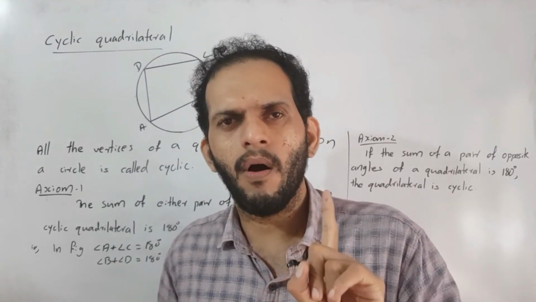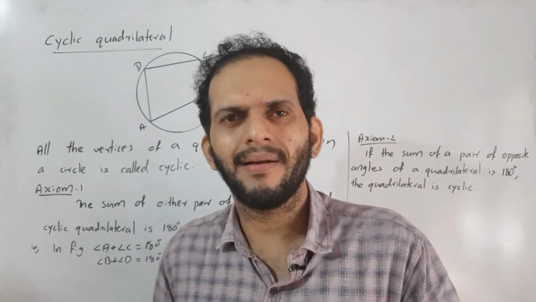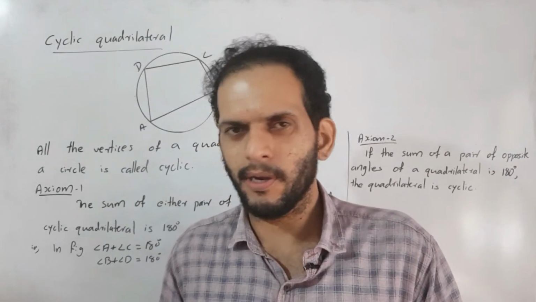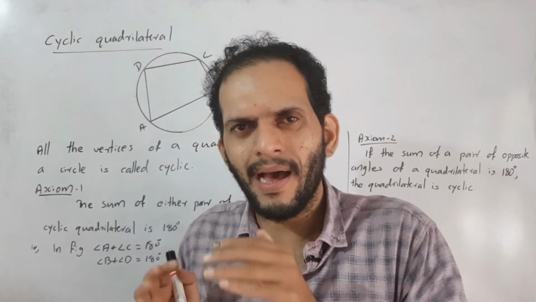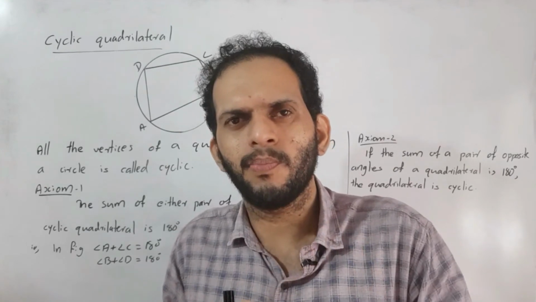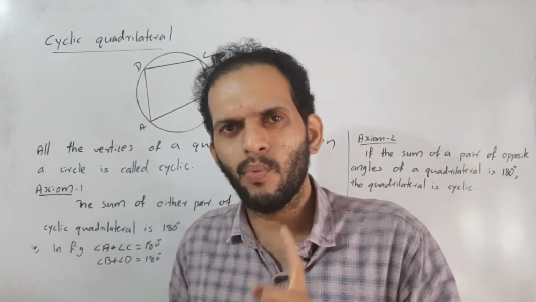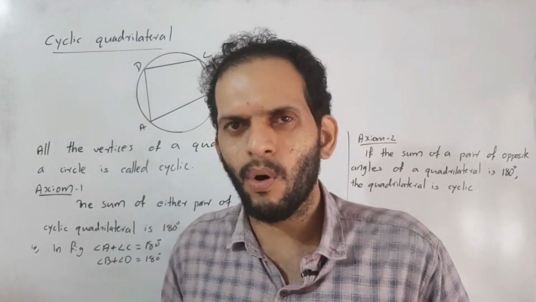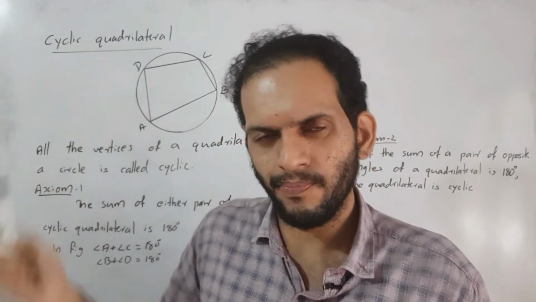The sum of opposite angles is equal to 180 degrees. That is the direct idea possible to apply when it is given that the quadrilateral is cyclic, or we get a figure like this.